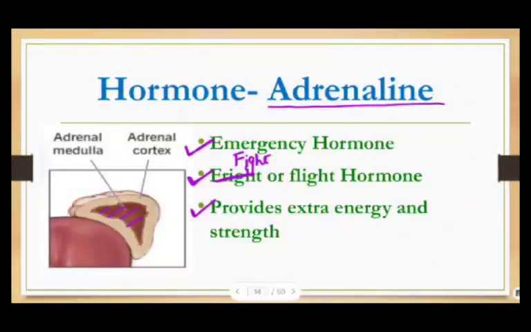This hormone increases the heartbeat and the rate of respiration, gives a rise in blood pressure, more blood supply to the muscles, and more release of glucose into the blood by the liver. It helps you deal with emergency situations.